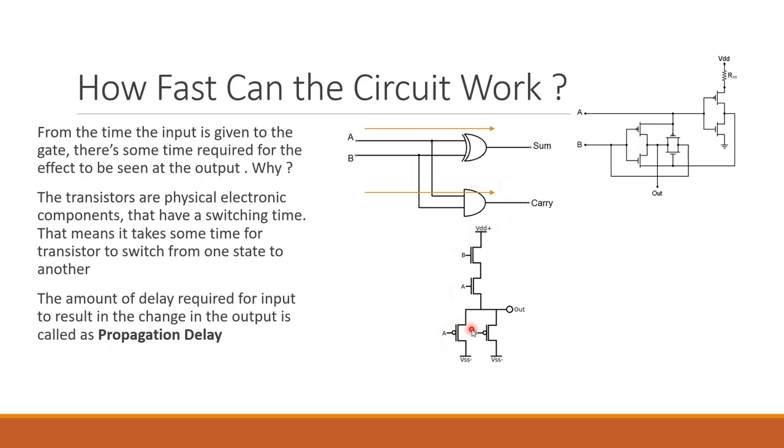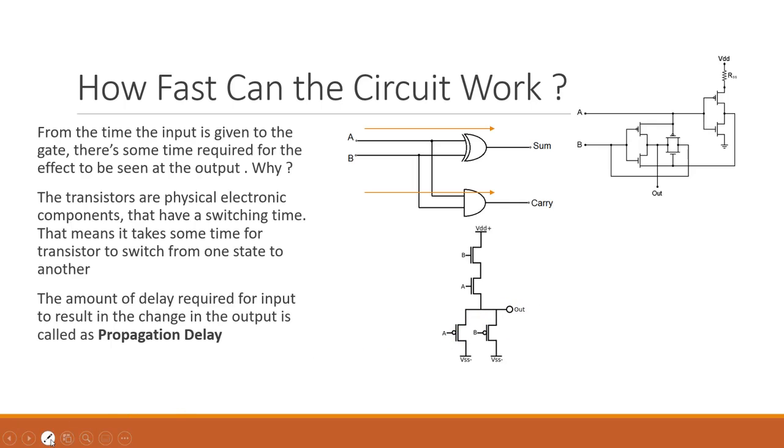Each of these transistors has something known as the switching delay. That means if you apply an input over here, it will take some time for the transistor to show the effect over here. That is called the switching delay.